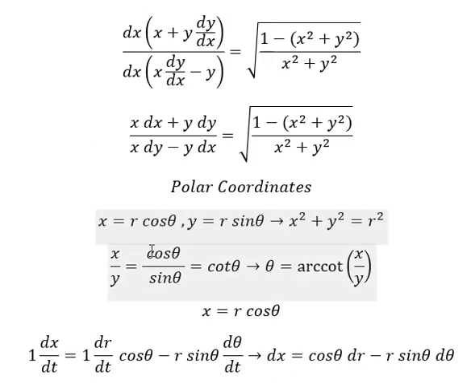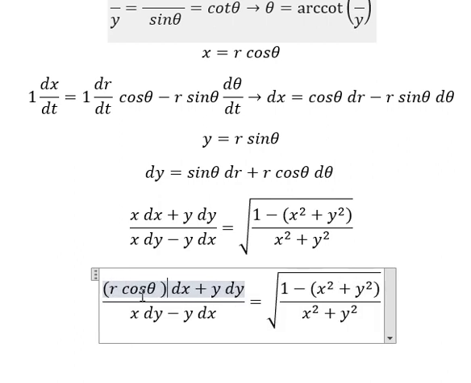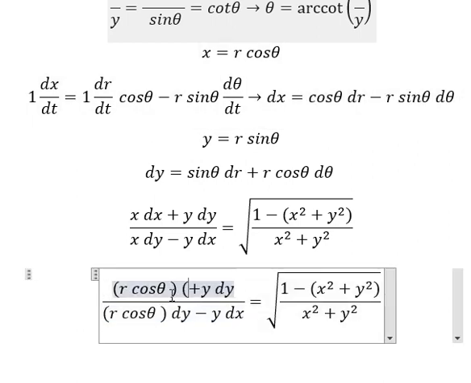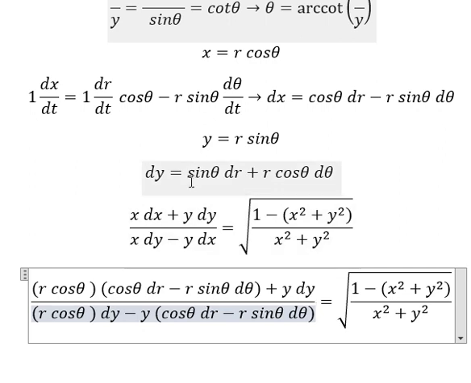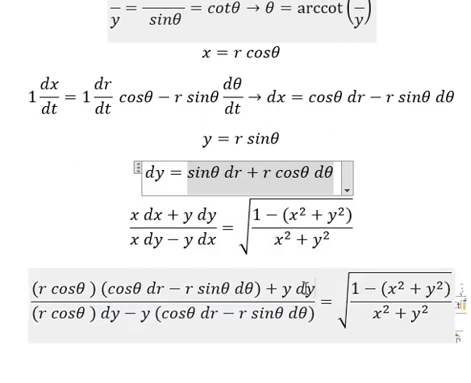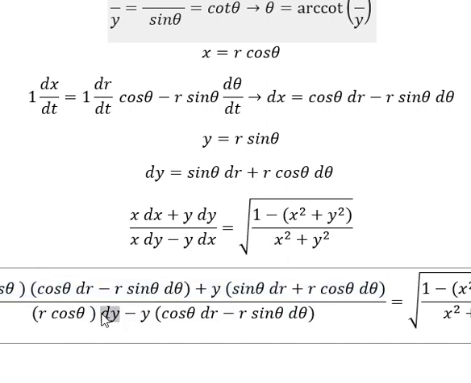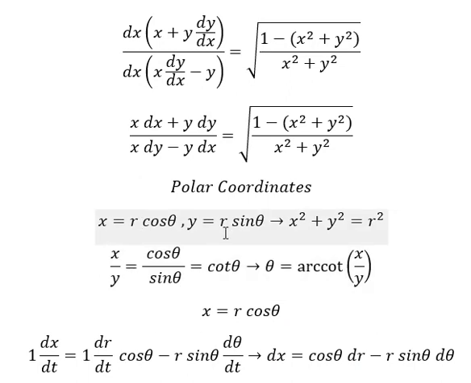So x is this one, the x is this one. The y is this one, y is this one.